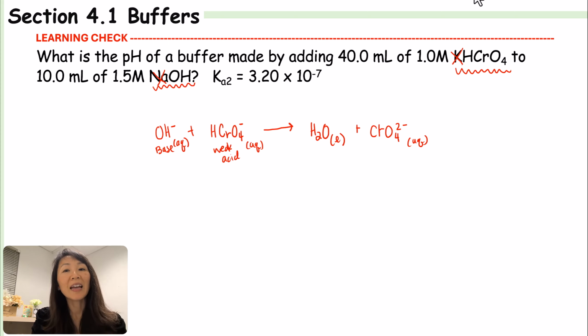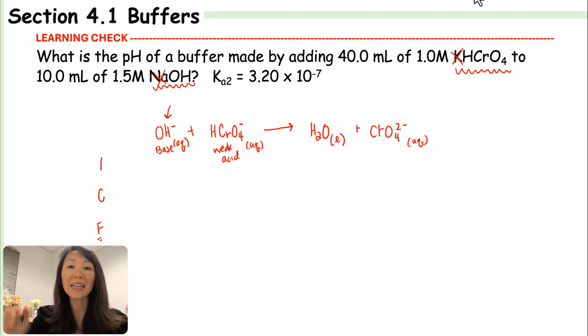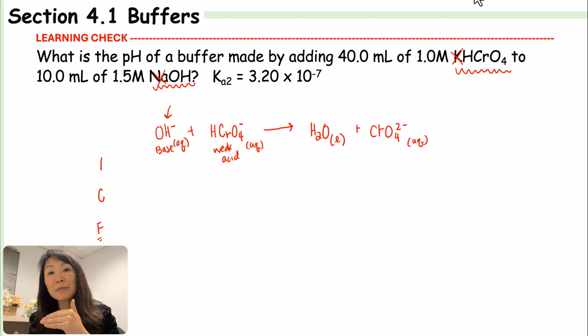Now what we're going to set up is what's called the ICF table. Not ICE, but ICF. We've learned this before. Why F? Why not E, the equilibrium? That's because this has a very strong base, and anything that is a strong base or strong acid is going to go to completion.